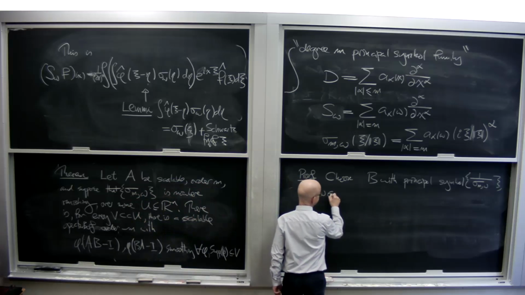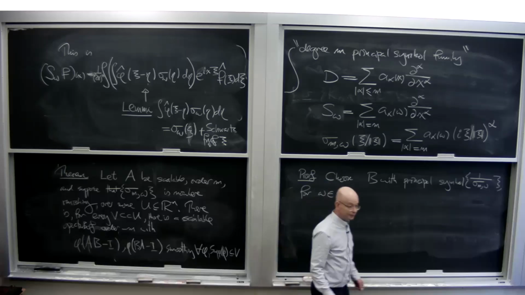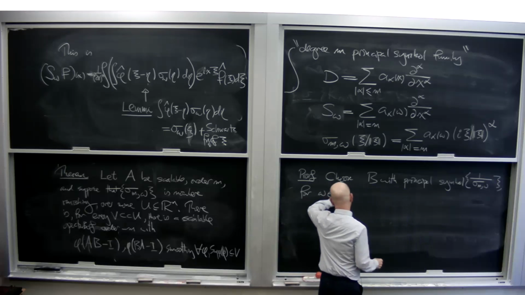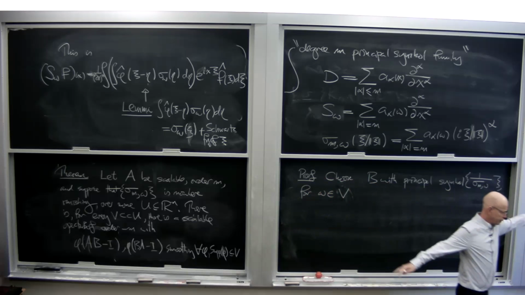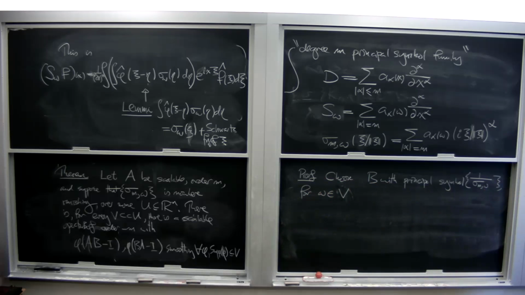Well, at least for omega in U. In fact, because let's be a little bit careful, because we want to deal with smooth families on all of Rn, maybe we should say here just omega in V.